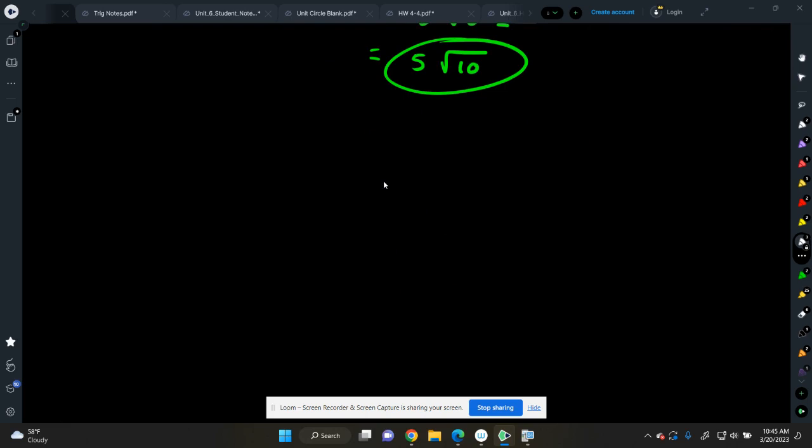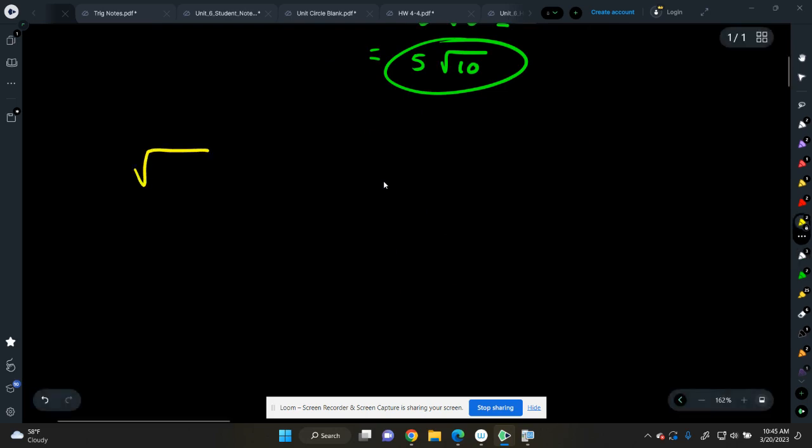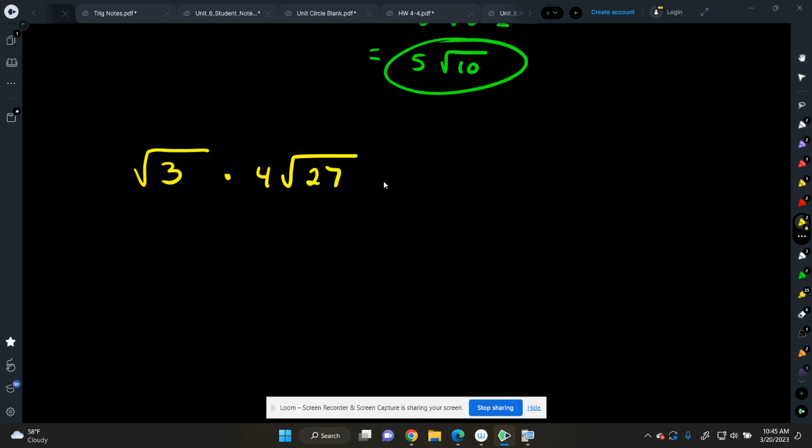Let's look at the square root of 3 times 4 square root of 27. Okay.